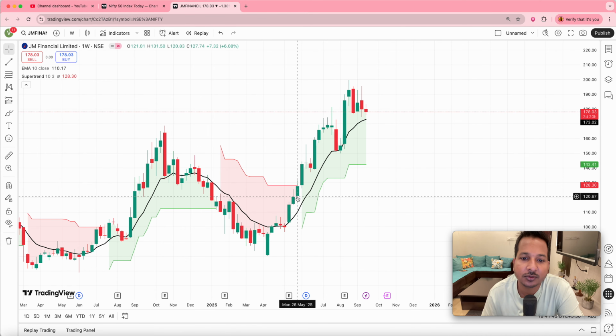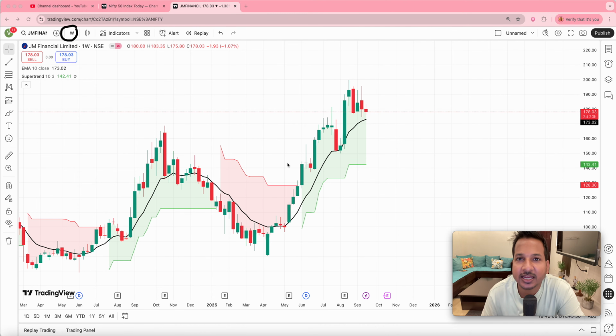Here, this is the weekly time frame chart of one of the stocks. When this chart becomes positive on Supertrend, that is our entry point. You can check on Friday at 3 o'clock, or in your weekend analysis, you can sit and see which stocks have Supertrend turned positive.